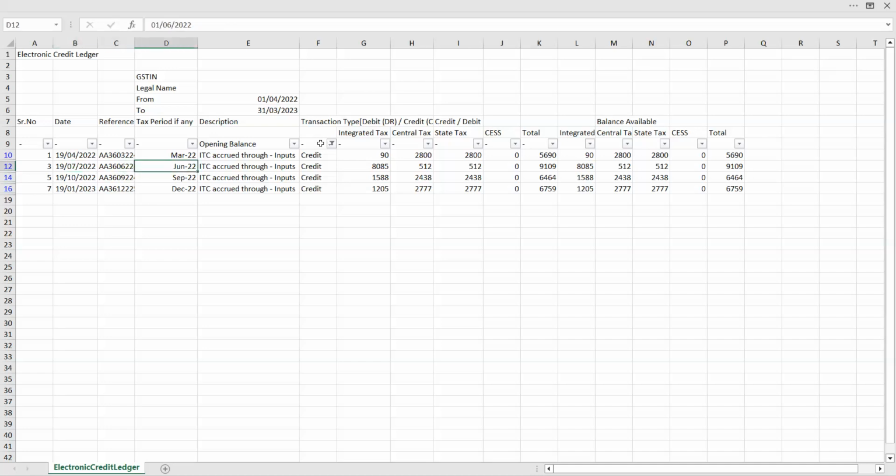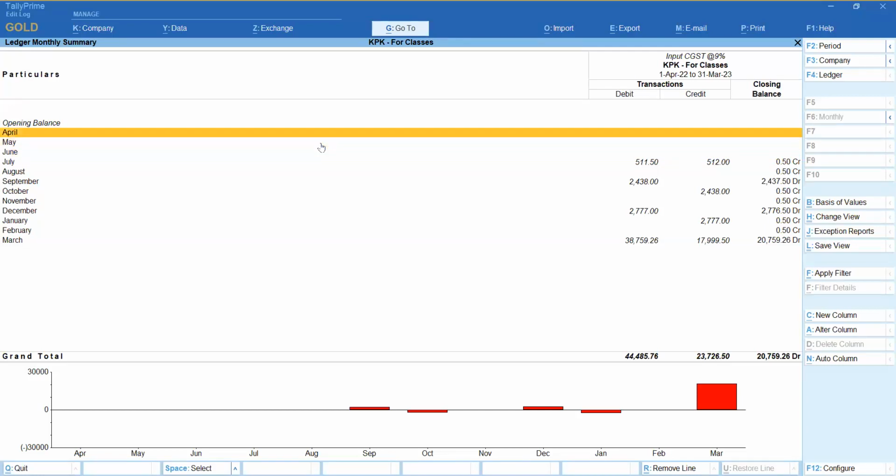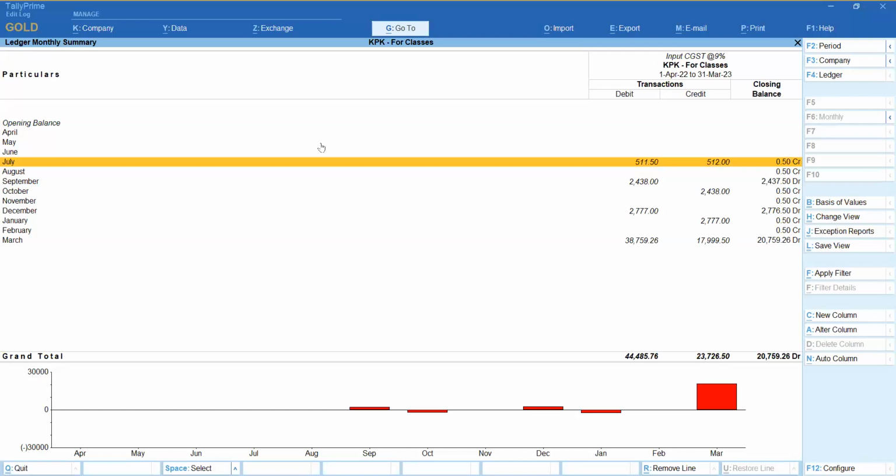So if I am claiming this, I am telling the department that from April 22 to June 22, my purchases on which I am eligible for input are 8085, 512, 512. But my books of accounts are not proper, so I have not done the entries properly. This is all created entries. In a practical scenario, it will not happen.